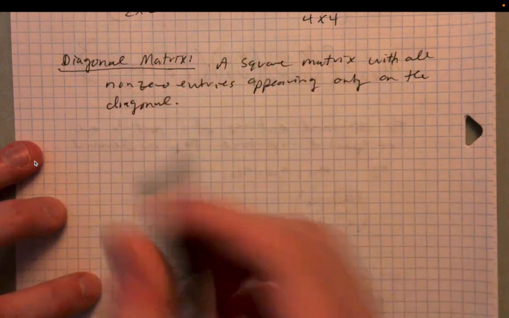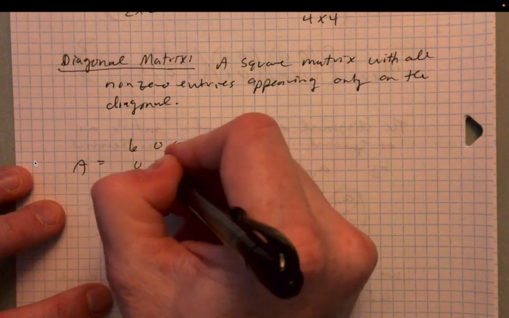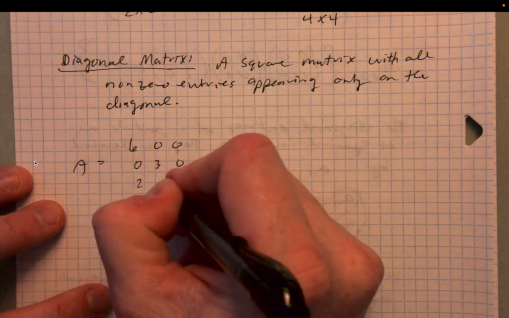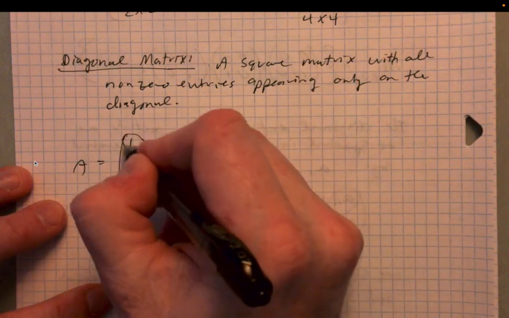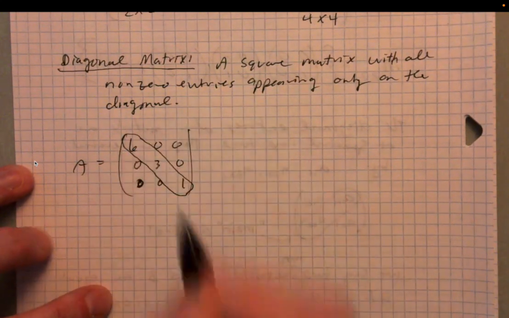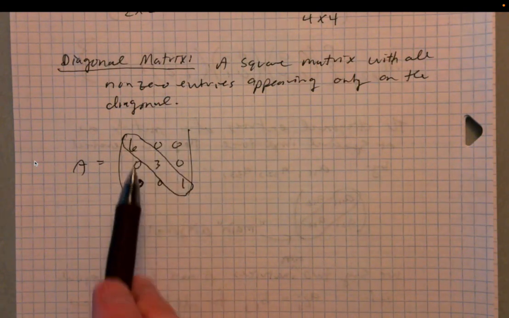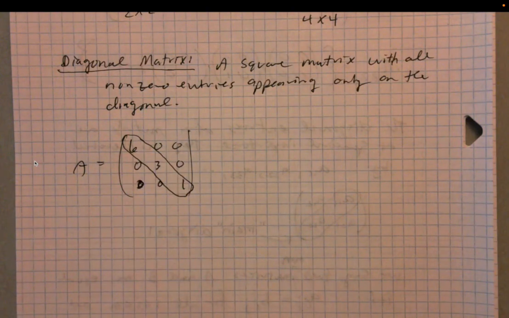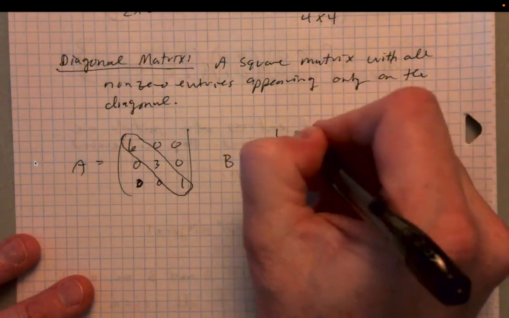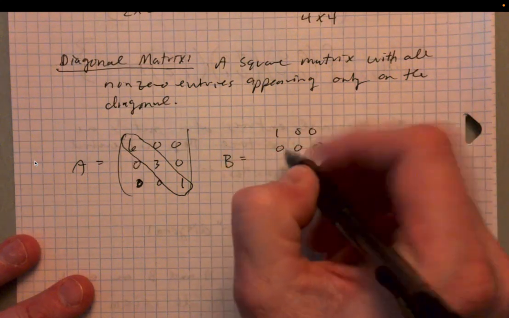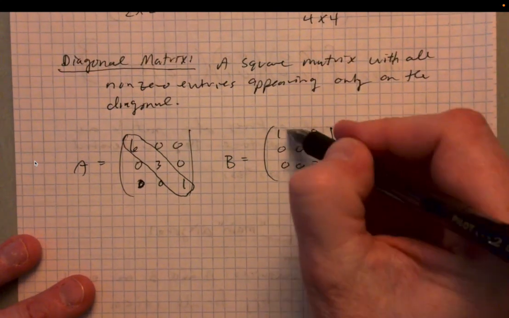An example would be 6, 0, 0, 0, 3, 0, 0, 0, 1. Here's the main diagonal, and you'll notice that off the main diagonal, everything is 0. Here's another example.